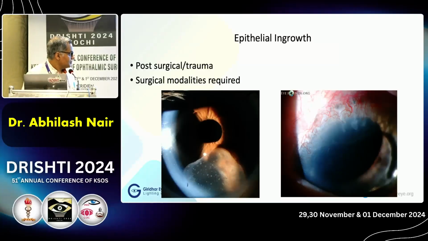This is a less common, this from the net, less common cystic type of epithelial ingrowth. These are more localized, and they are probably easier to manage. Now surgical modalities are required for treatment of glaucoma in these conditions, and even surgical modalities might fail because the epithelium keeps on growing over the internal ostium.